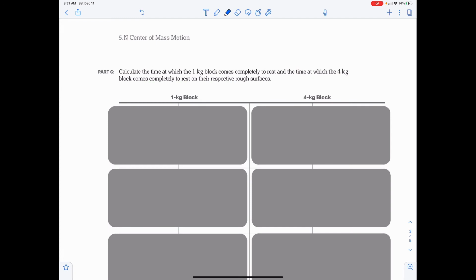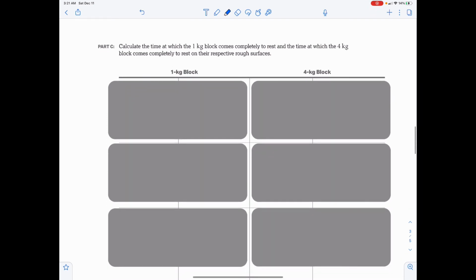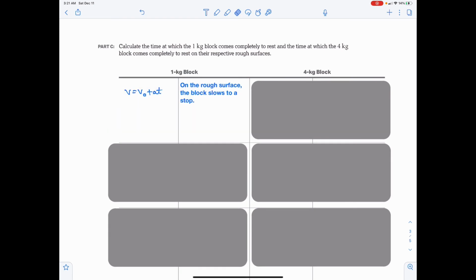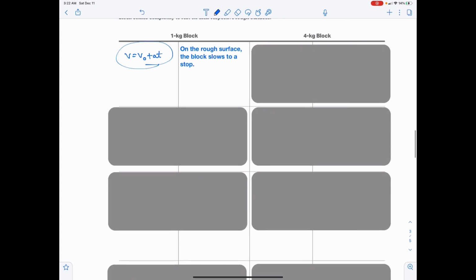Part C, calculate the time at which the 1 kilogram block comes to rest and the time that the 4 kilogram block comes to rest. Let's take a look at the 1 kilogram block first. On the rough surface, the block slows to a stop, and we can use velocity as a function of time. Recall that the final velocity is 0 because the block is coming to rest.